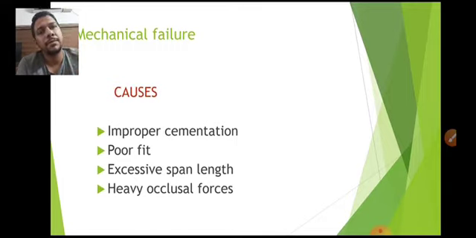Then you are supposed to push it and seat it properly. When you do that, the air bubbles entrapped inside that FPD will come out, which is clinically evident. So you can check in that way.